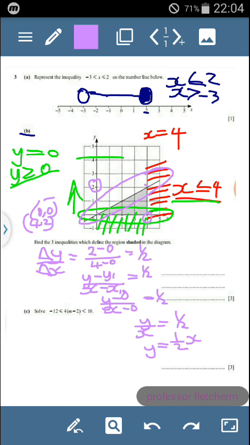From that line, we are supposed to formulate an inequality, which helps us find a region that is wanted and a region that is not wanted. Let's take this point, (1, 3).